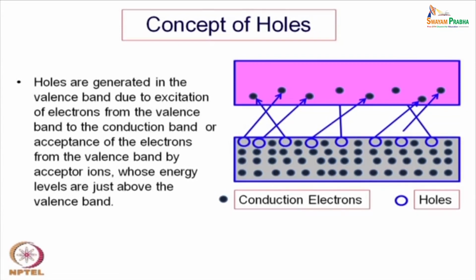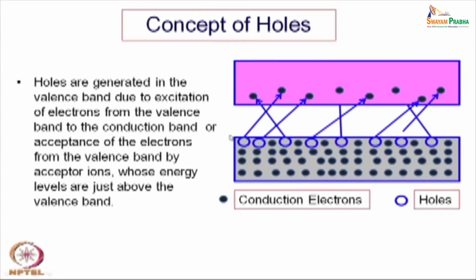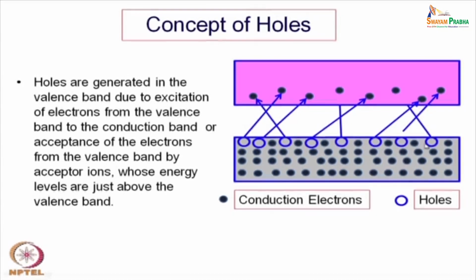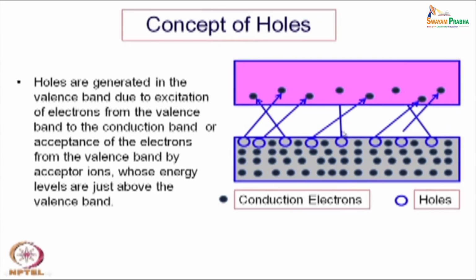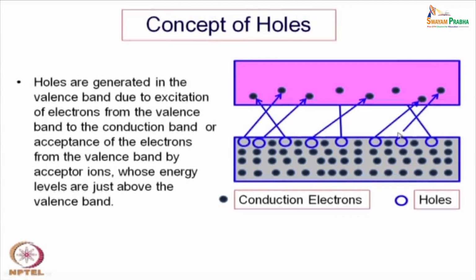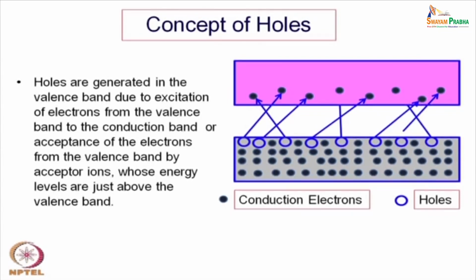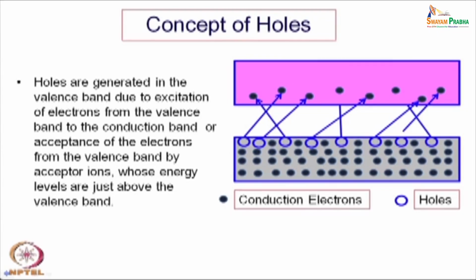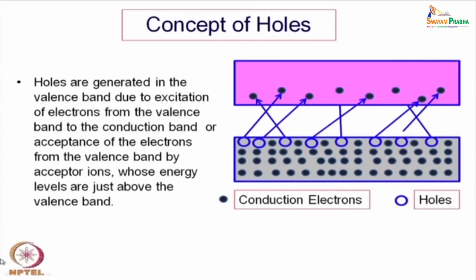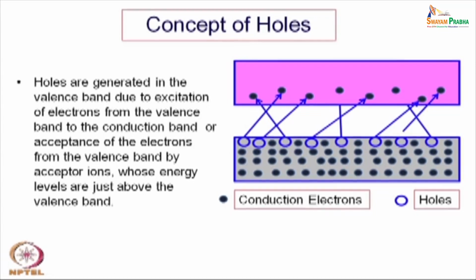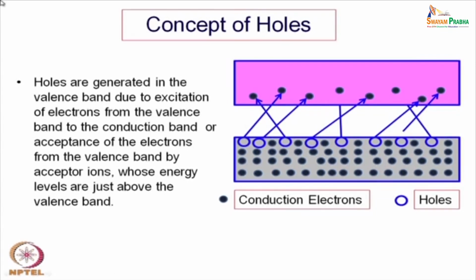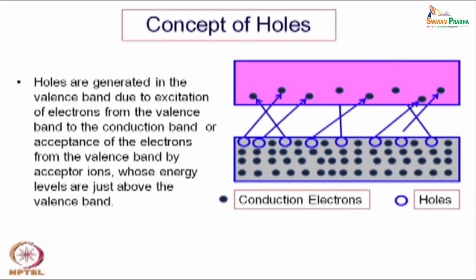Whereas in the other case only the holes will be available as charge carriers, but the electrons will be accepted or absorbed by some other element, and will not be available for charge carrying purposes. So, this is the concept of hole, and it is very important for understanding the overall conductivity and the behavior of the conduction process.